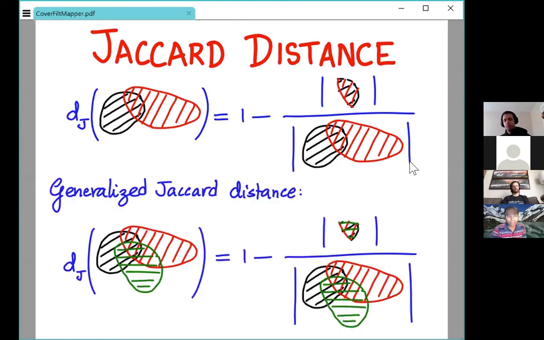You can naturally generalize that to more than 2 sets or cover elements, but it's still 1 minus the size of the intersection over the size of the union. Here I have 3, but in general you can have k sets or cover elements. Here, when I say size, it just counts cardinality. That's the default Jaccard distance and the generalized Jaccard distance.